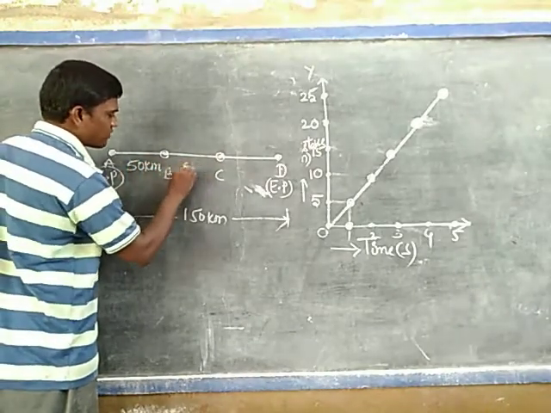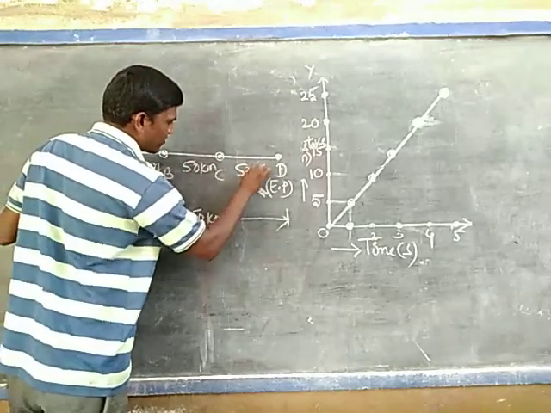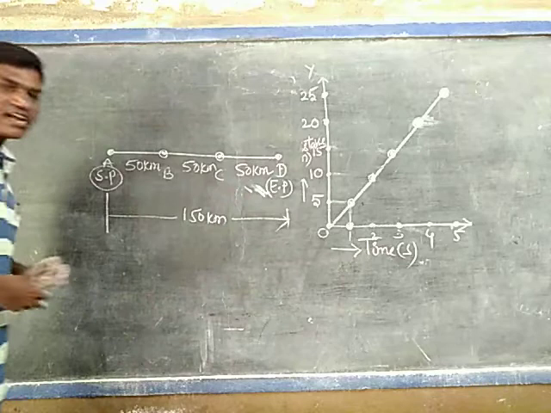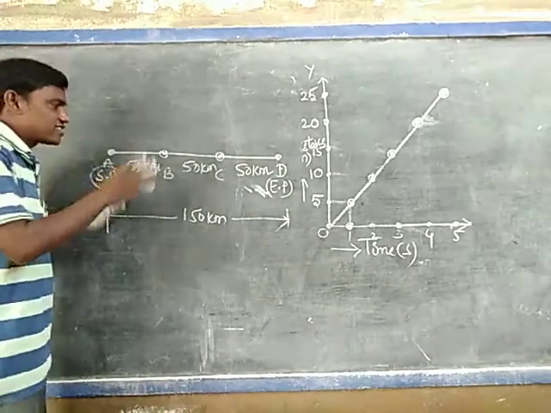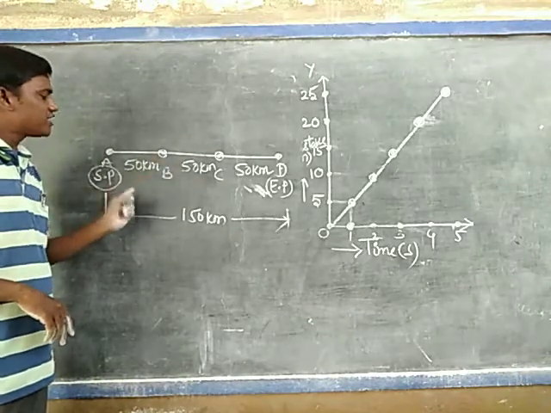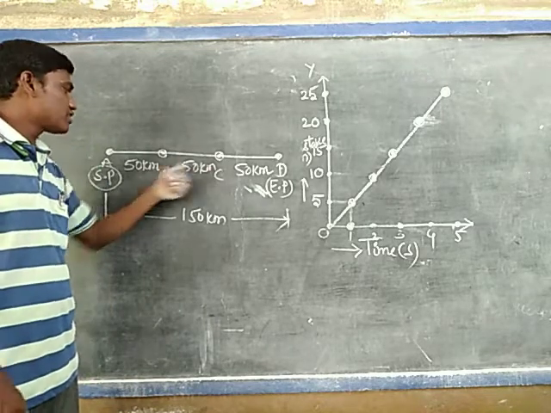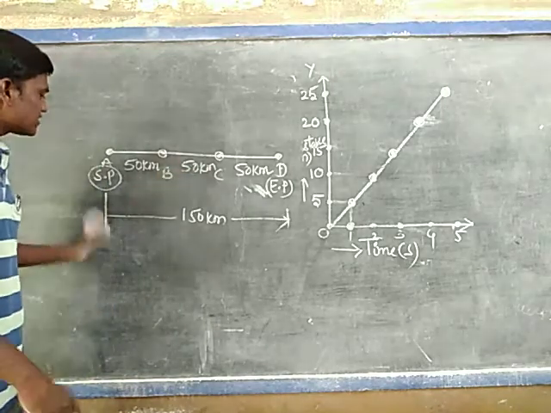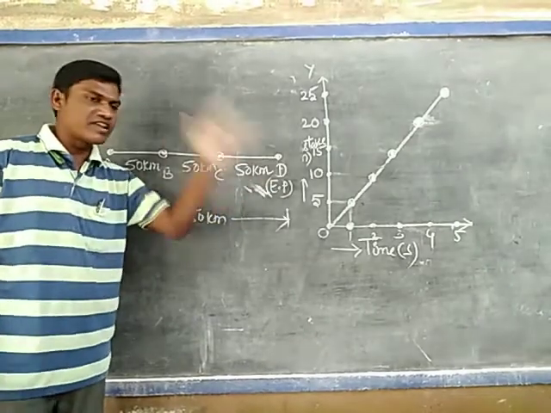B to C we consider 50 kilometers. C to D we consider 50 kilometers. Just for your understanding of our concept. So we consider the two towns A and D, and between them another two villages B and C, either towns or villages. The total length of the path from A to D is 150 kilometers.